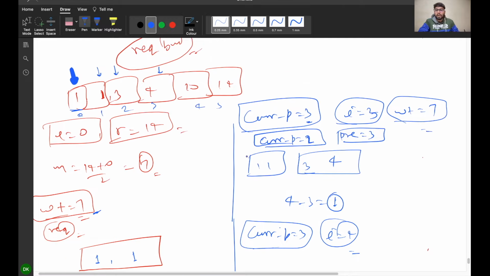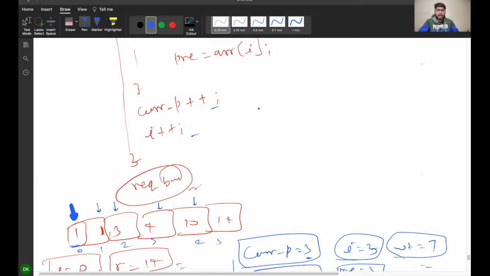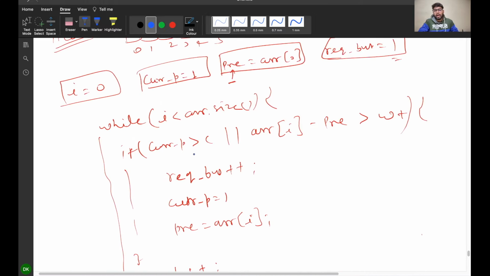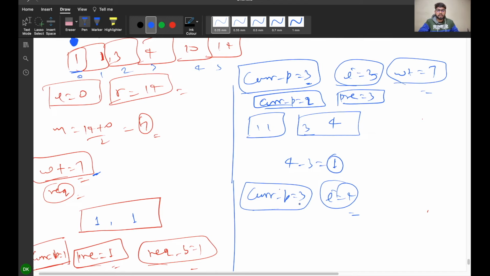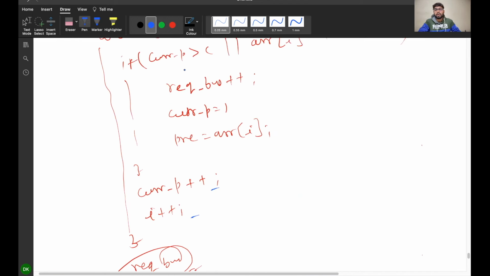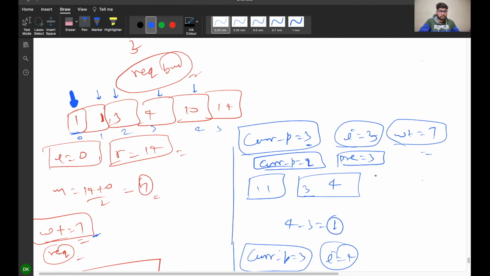Okay, so at I equal to 4, what do we have? First of all I have to check the current person is greater than C. Yes, and this is satisfied. My current person 3 is greater than 2. So in this condition my required buses is increased, so I have to require one more bus.